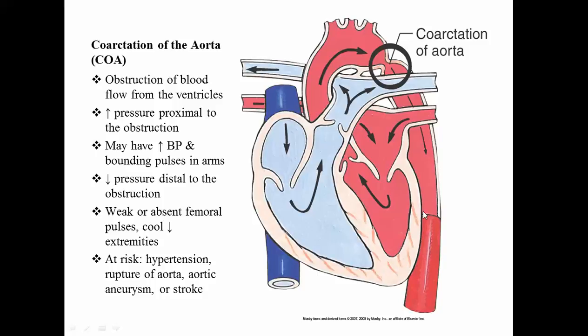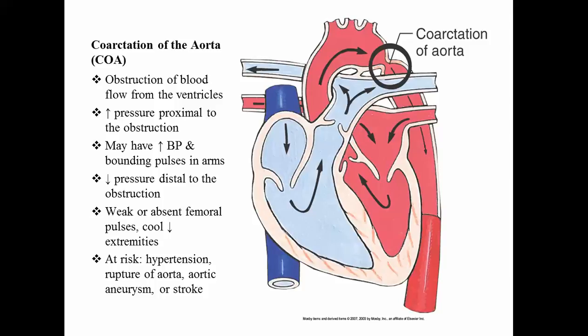So with that in mind, the infant may have high blood pressure and bounding pulses in the arms, and weak or absent femoral pulses and cool lower extremities. Because you have increased pressure proximal to the defect, to the head and upper extremities, you're going to have higher blood pressure and bounding pulses in your arms, right?